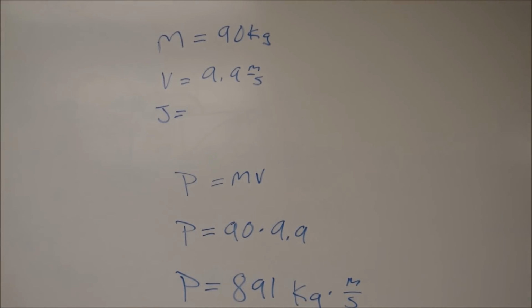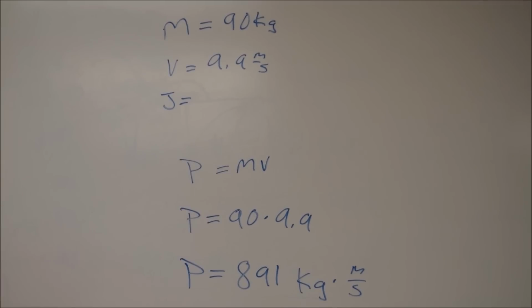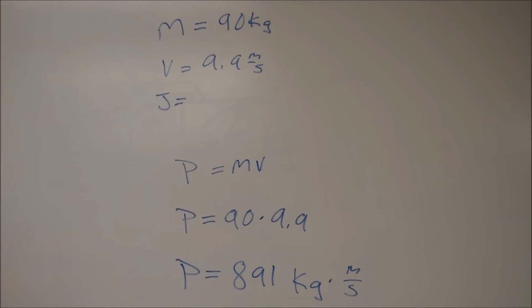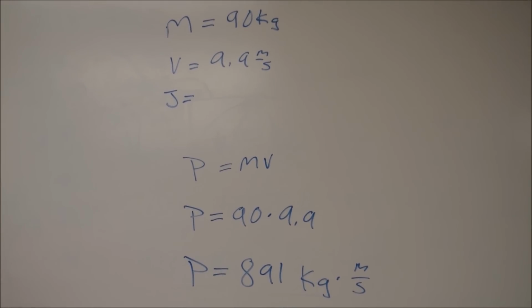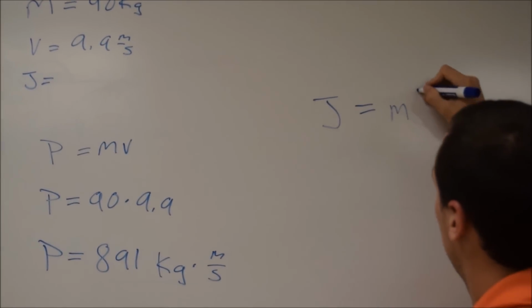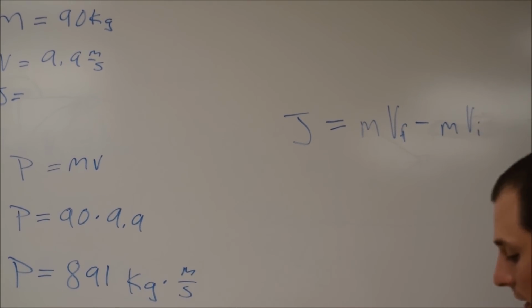Now we've got to solve the next bit. Just like I was talking about earlier with Newton's third law, this applies perfectly here. We have some football player going with this much momentum. Now we need to figure out what is going to stop them. We know that it's going to be exactly opposite this number, but I'm going to show you how to get that. We take the impulse is equal to the mass times the final velocity minus the mass times the initial velocity.